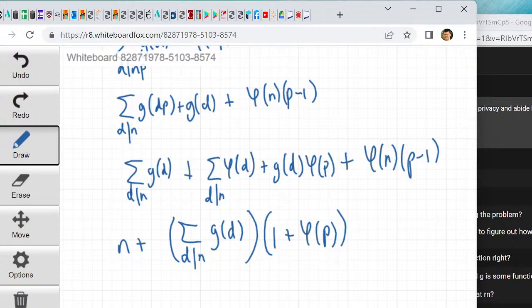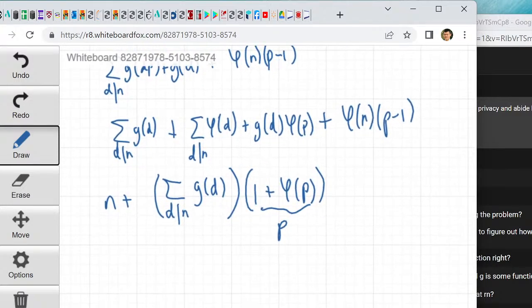So we need 1 plus, so this is just P. We need P of those, P phi N's to make that work. We have P minus 1 phi N's.